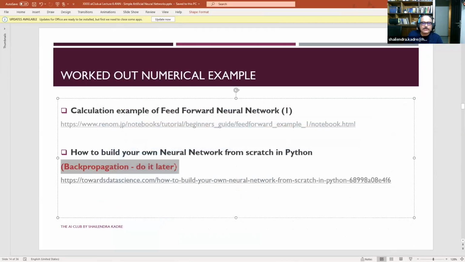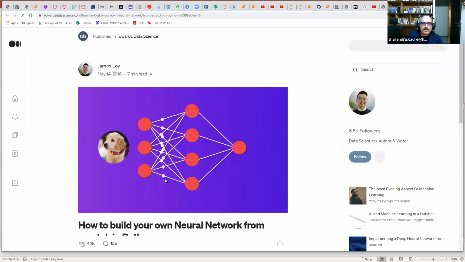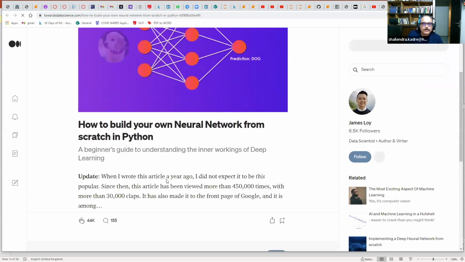Now back propagation. I just want to show you how it looks like, but I will not go into detail because it's complex, not very complex, but we will not go into detail.